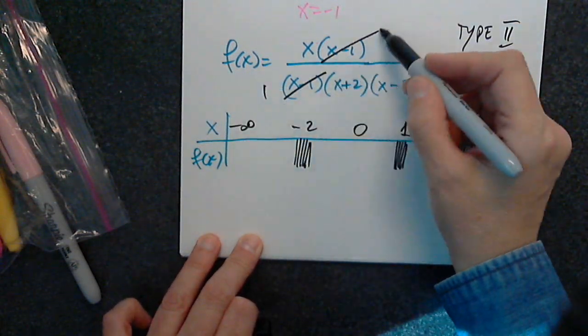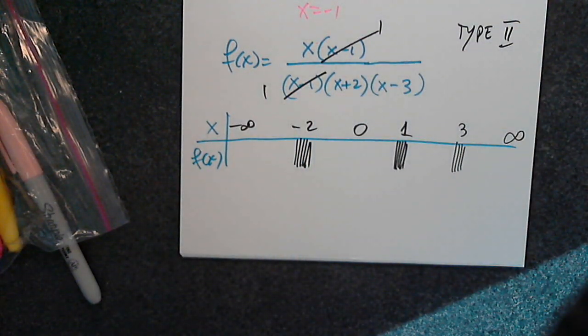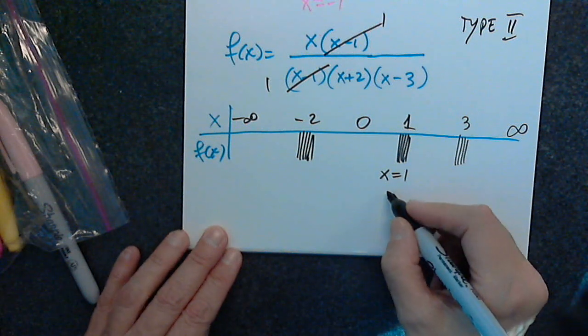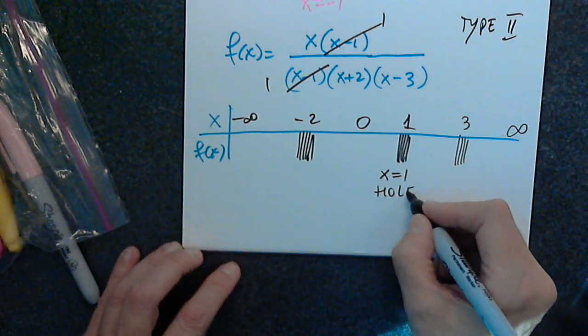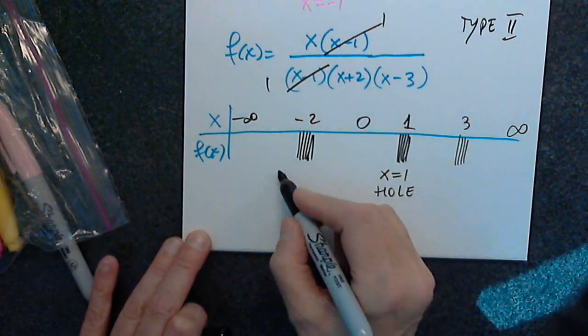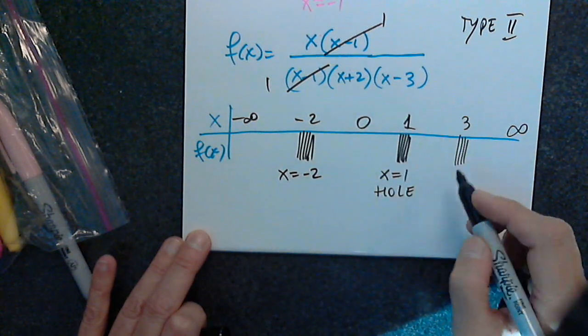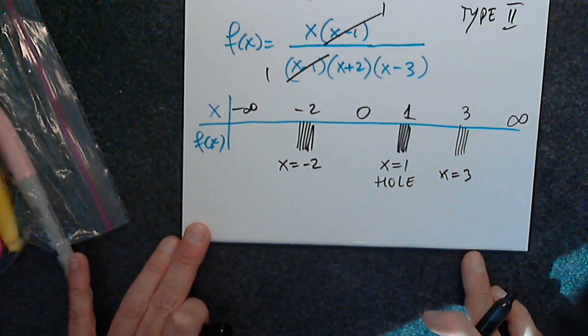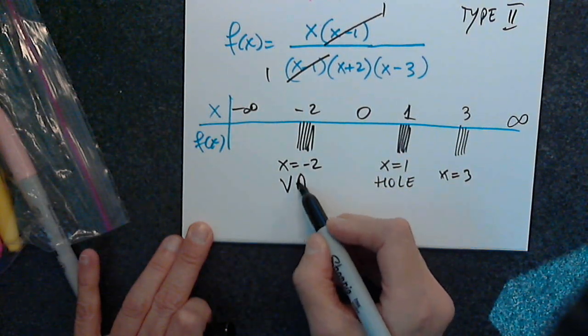I will simplify this particular factor. It doesn't mean that anything changes in the domain. It only means that x equals 1 is not a vertical asymptote, but a hole in the graph. It means that x equals -2 and x equals 3, since their factors stay in the simplified form, are VAs.